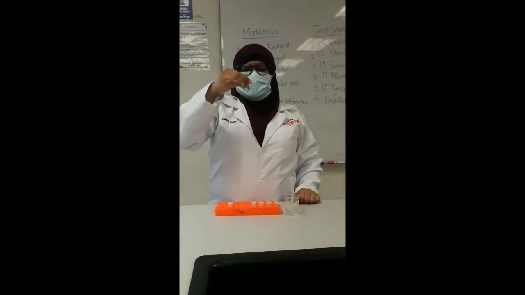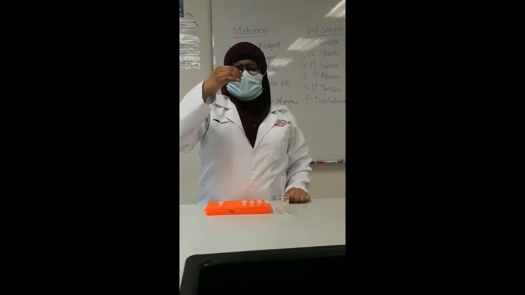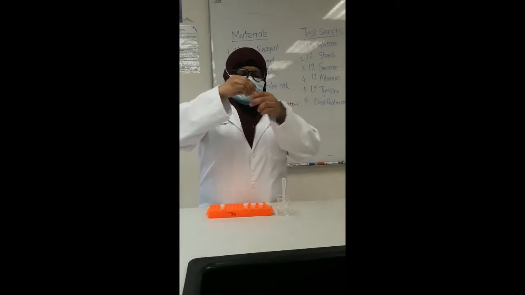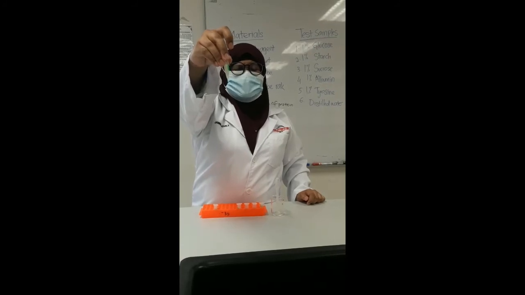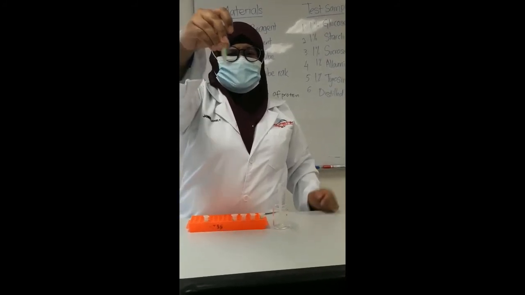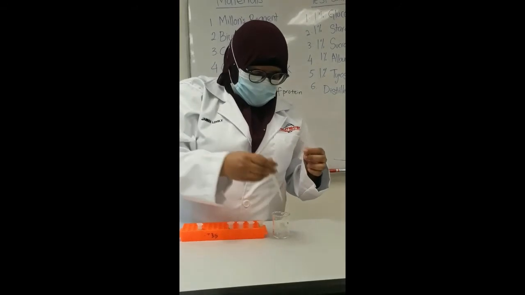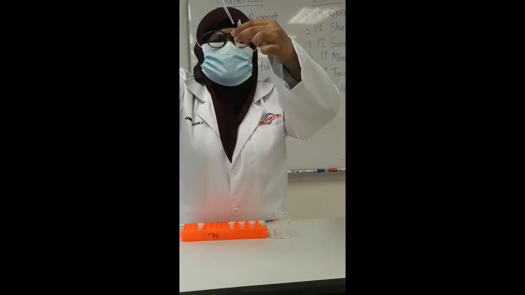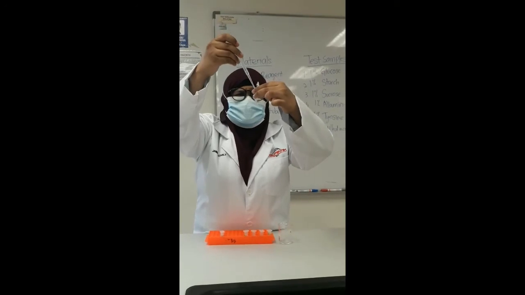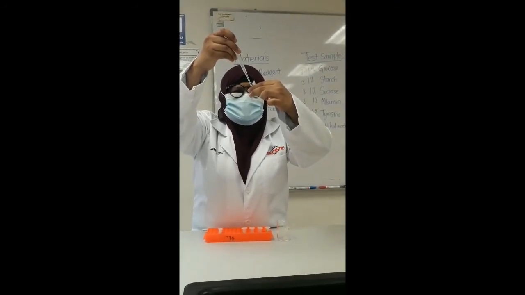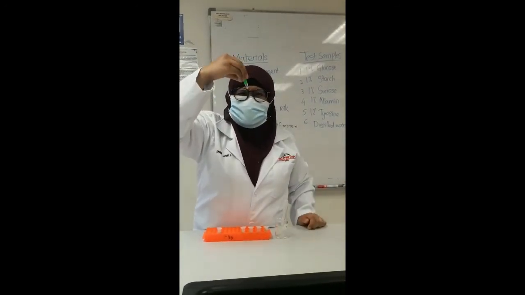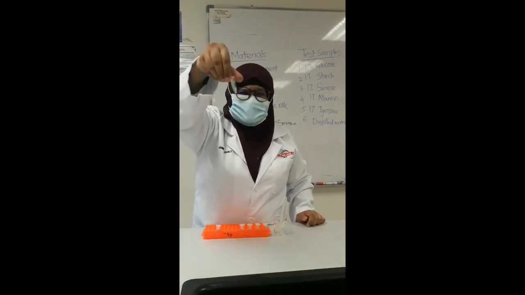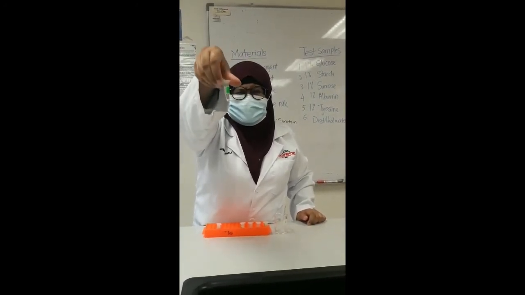Okay, next I'm going to proceed to 1% tyrosine. This is the color before adding the Millon's reagent. I'm going to add 2 drops of Millon's reagent.